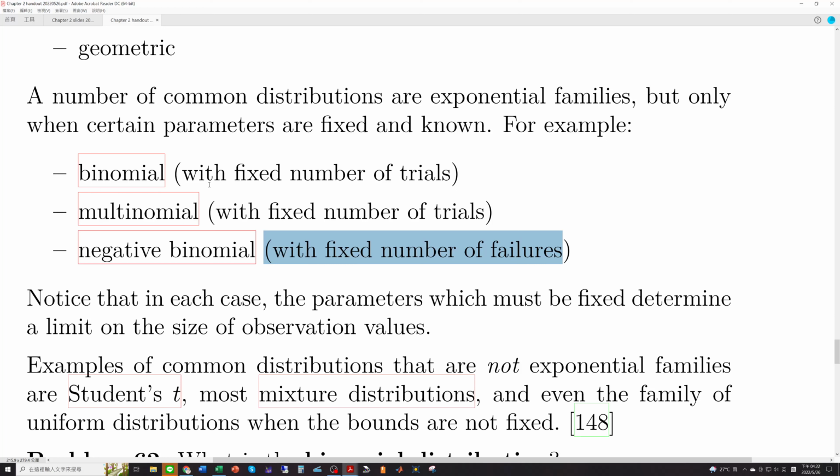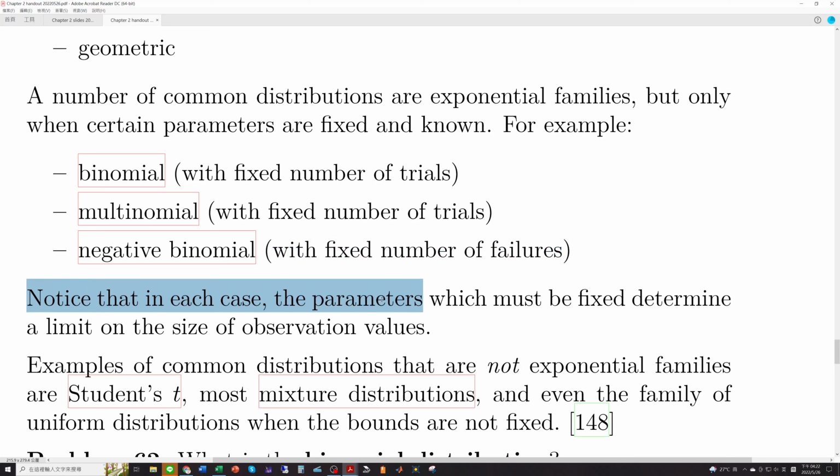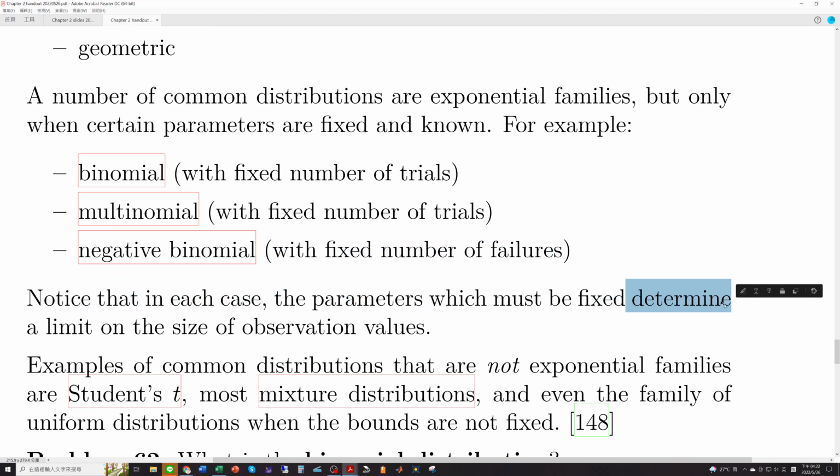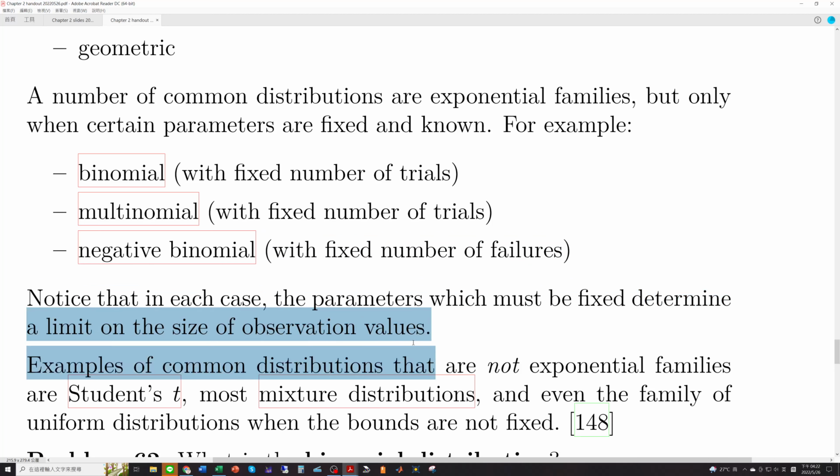Or if your professor taught more materials, then you may have learned what the multinomial distribution is. So notice that in each case, the parameters which must be fixed determine a limit on the size of observation values.